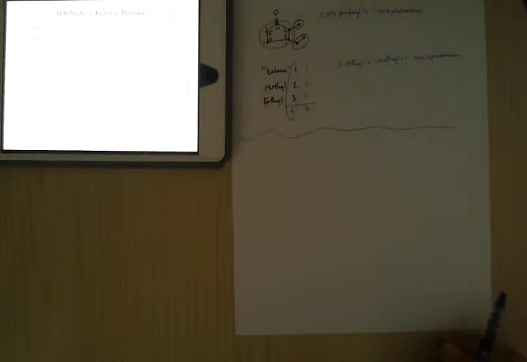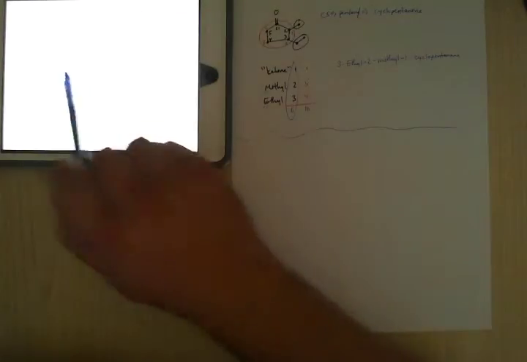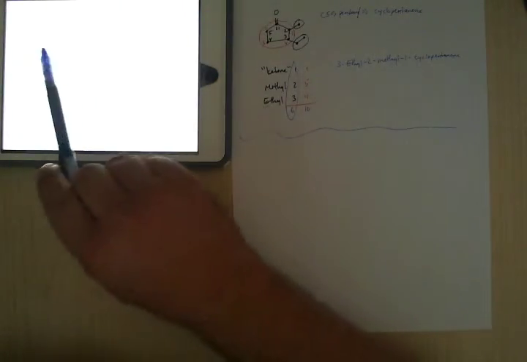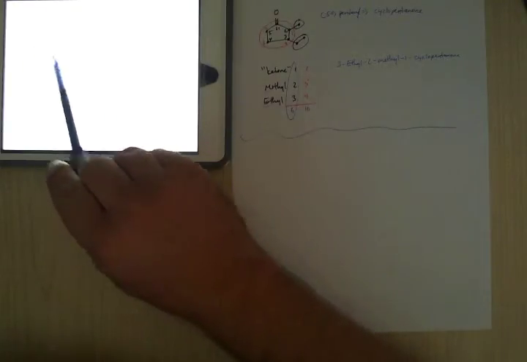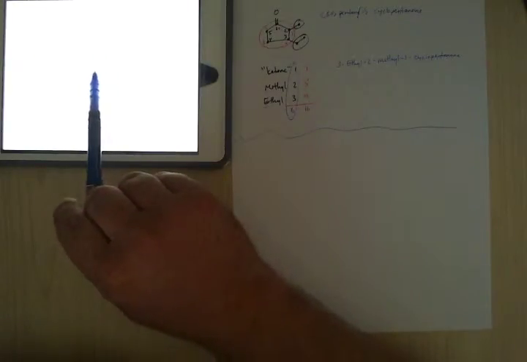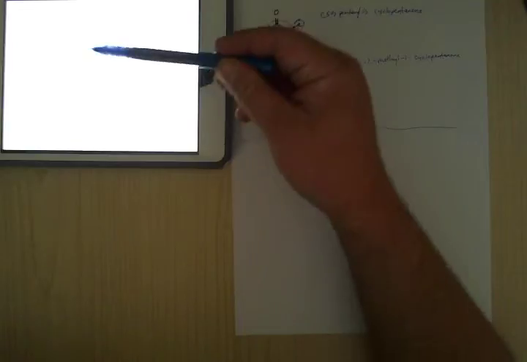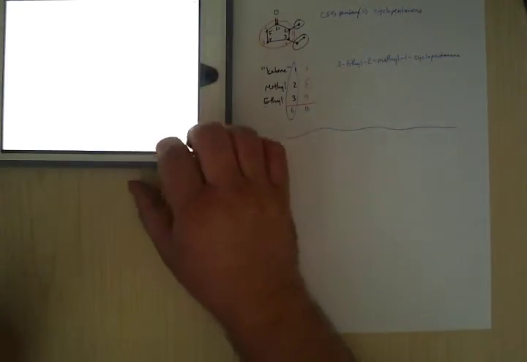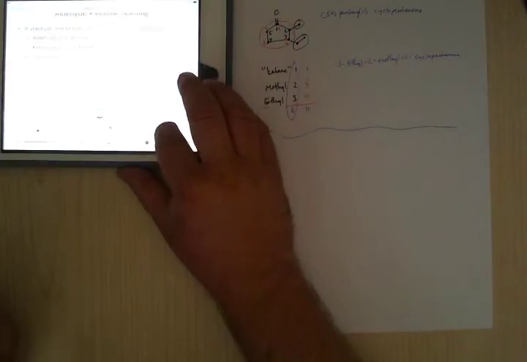Okay, next up is what if you have an aldehyde and a ketone in your compound? The priority goes to the aldehyde. It's the more reactive of the two, so it gets the priority. I don't know why you can't see the slides here. Let me turn this down.